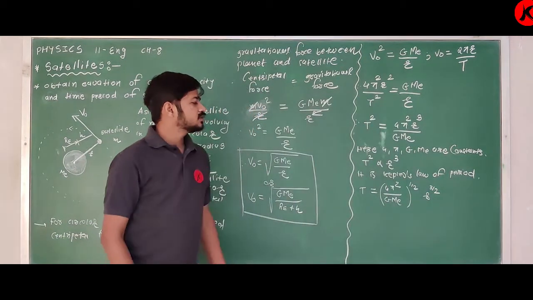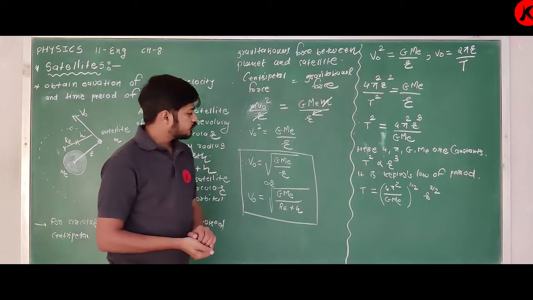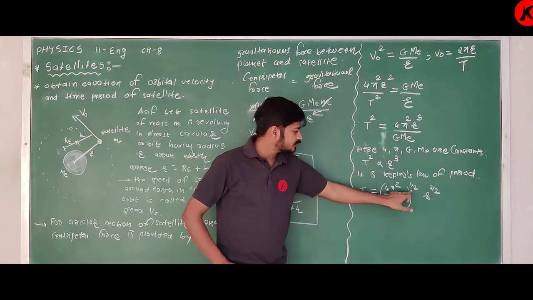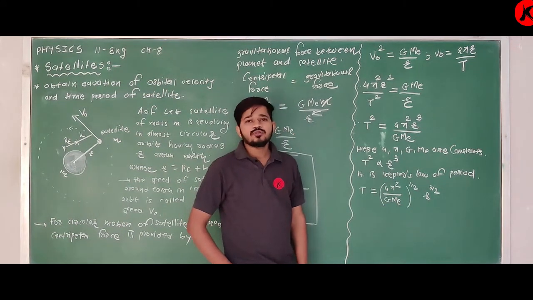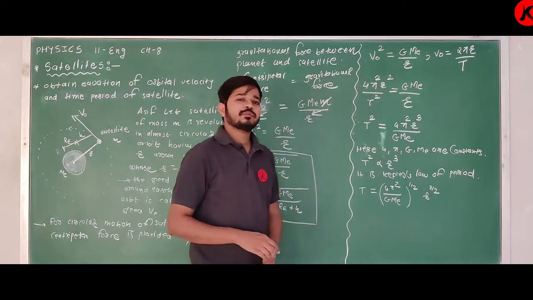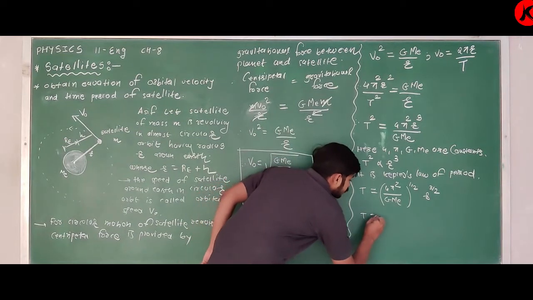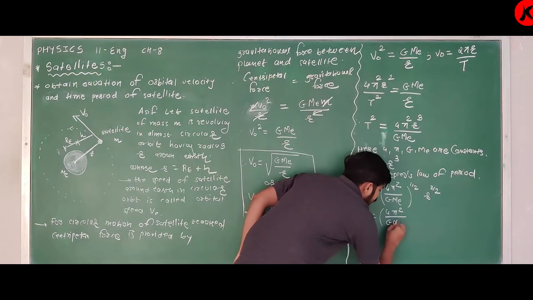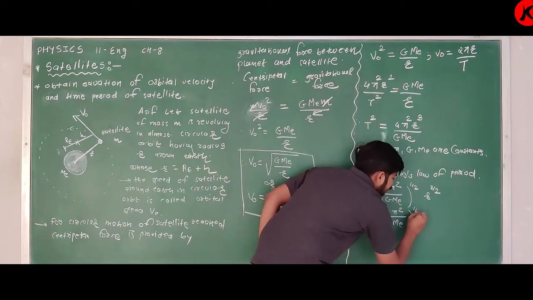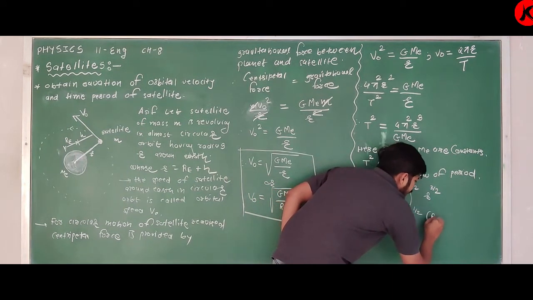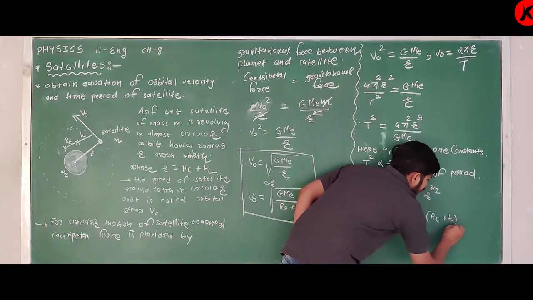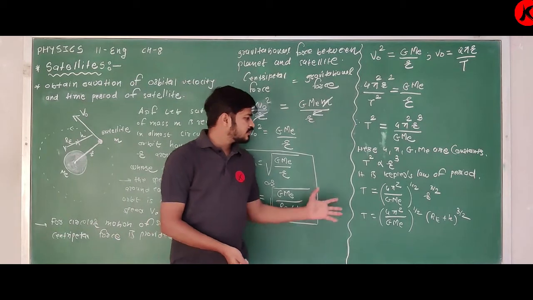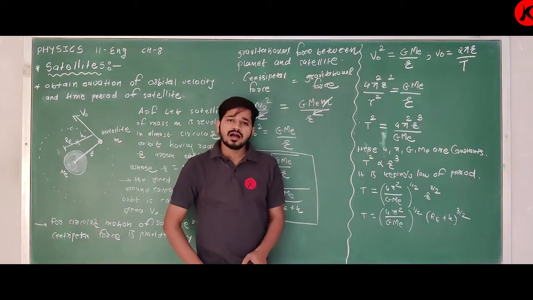So T is equal to (4 pi square upon G Me) raised to 1 by 2, r raised to 3 by 2. You can also replace r by R plus h. So T is equal to (4 pi square upon G Me) raised to 1 by 2, times (R plus h) raised to 3 by 2. This is the equation of time period.